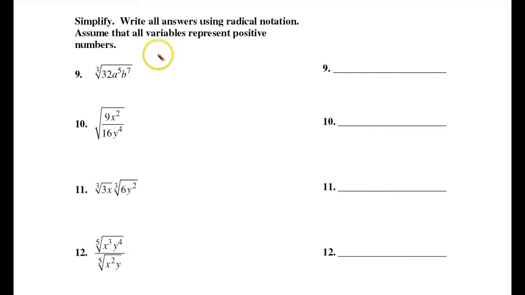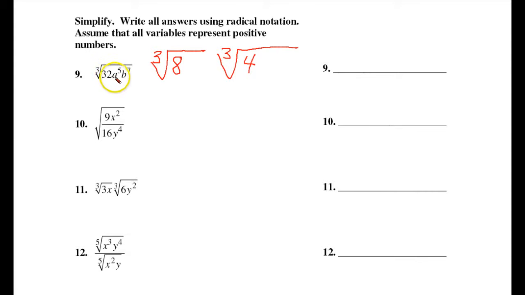What we want to do here is to divide or separate into factors those factors of 32 that are perfect third powers. So we have an 8 there and a 4 there. Now 8 is a perfect cube.